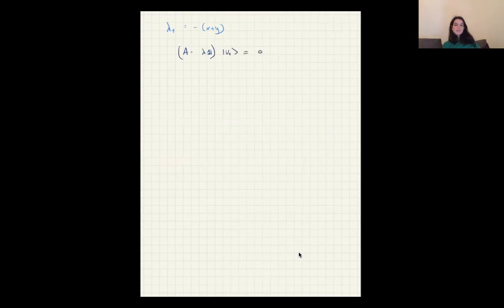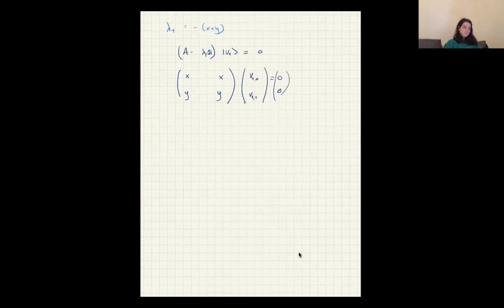And this means that overall we get the matrix with x, y, y, x, times v_1, equals 0. Okay. And now what's the vector that makes this work out?